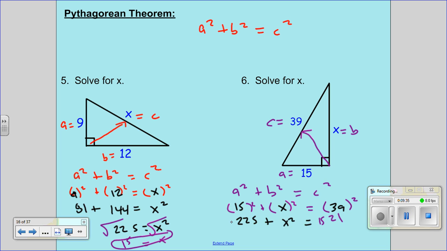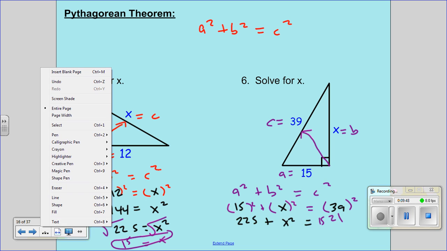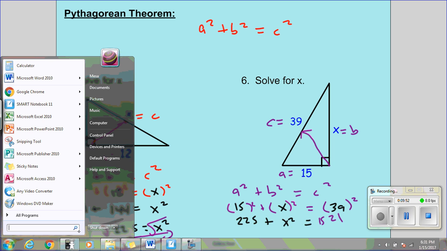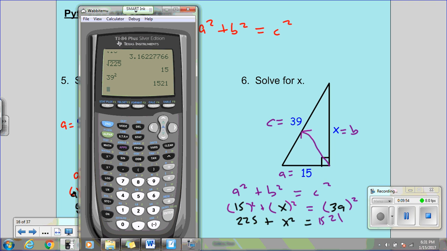Now, notice it's 225 plus x squared. So to get x squared by itself, I would have to subtract 225 from both sides of the equation. So let's get our calculator for that again. So 1521 minus 225 is 1296.